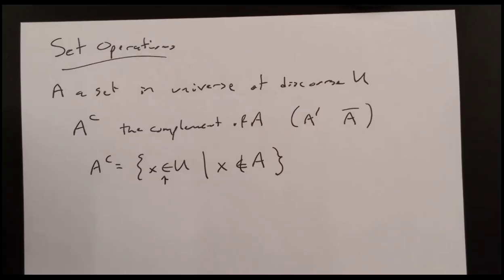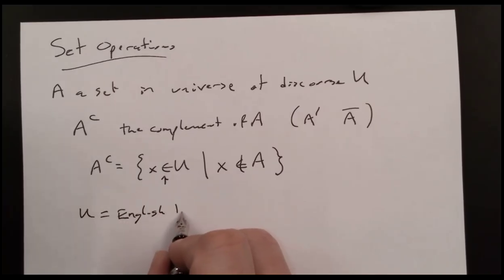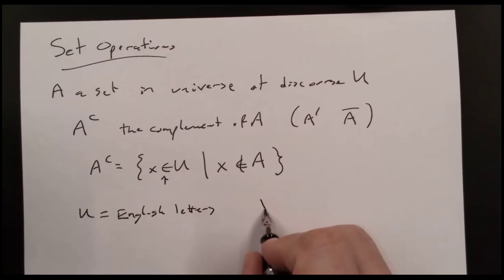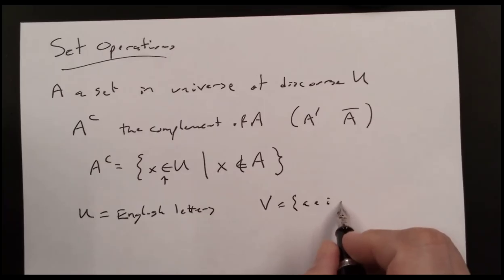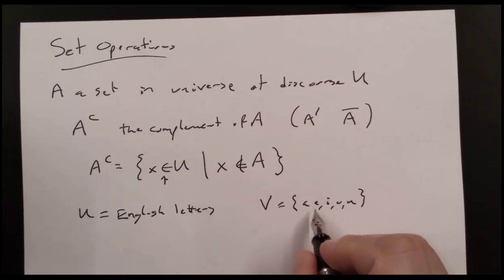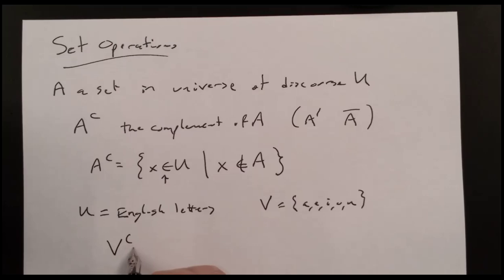So if I go back to the set of letters, we defined the set of vowels. Well, then V complement is the set of all the consonants.